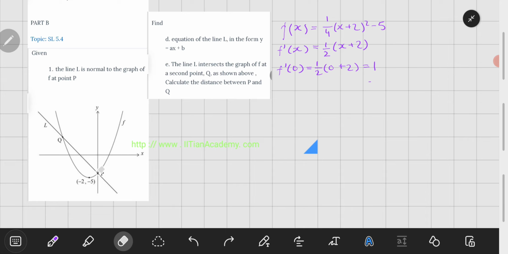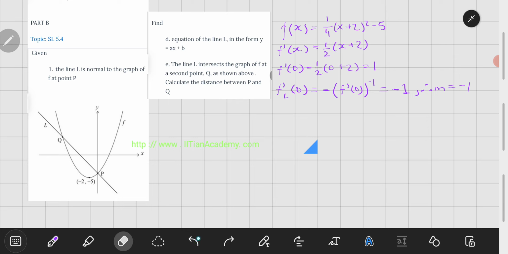And we can find that the slope of our parabola is equal to 1. So then the slope of our line L will be the negative reciprocal of this. So our slope of our line L will be equal to -1. So we can say, therefore, m is equal to -1.